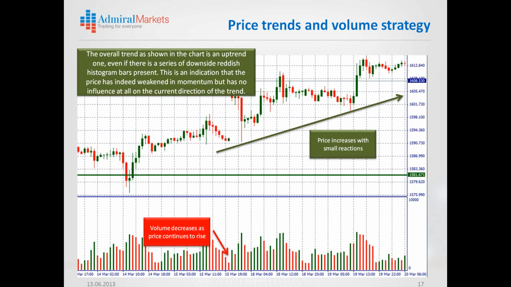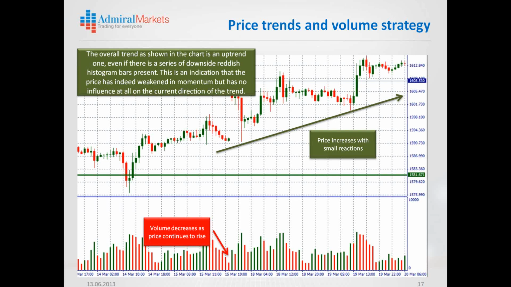So there is indeed the indication that the trend is still intact and that we can wait for a pullback to enter safely. So we can see that the price rises and the volume decreases.